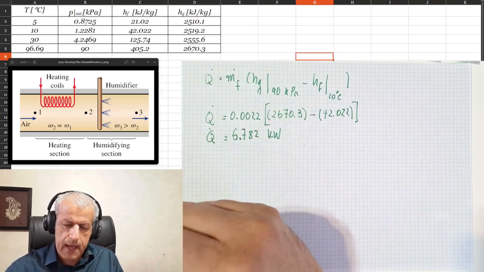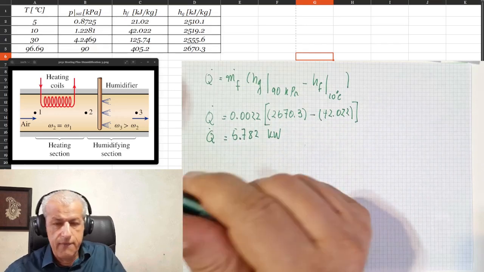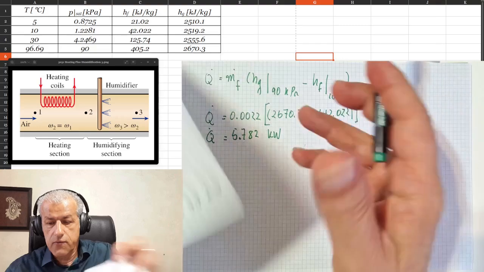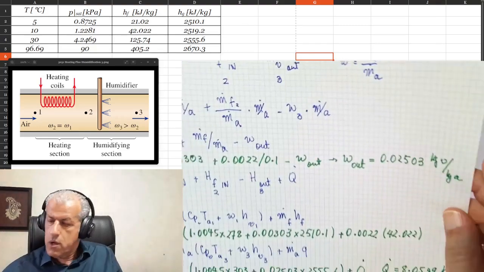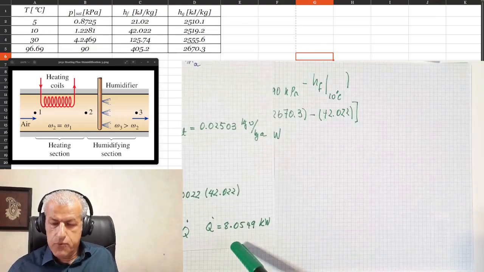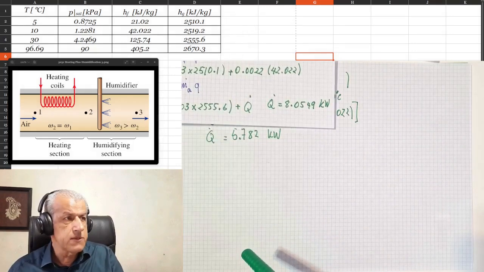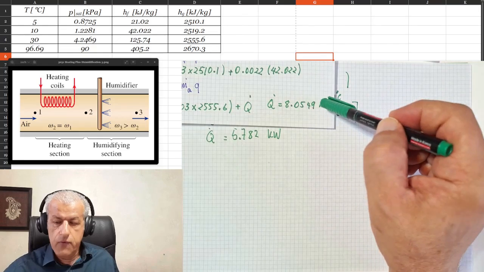kilowatts. And you see the value we had calculated for Q dot for this problem was 8.0549.